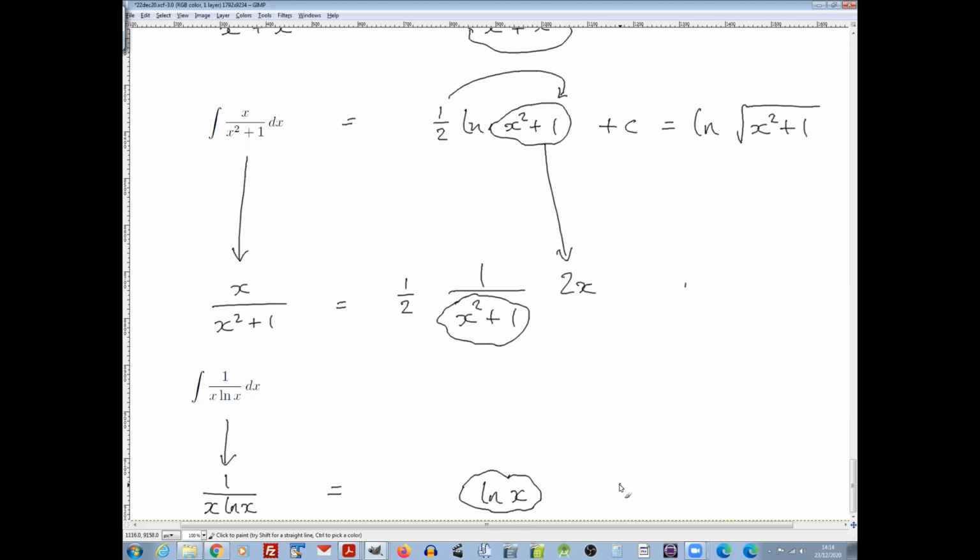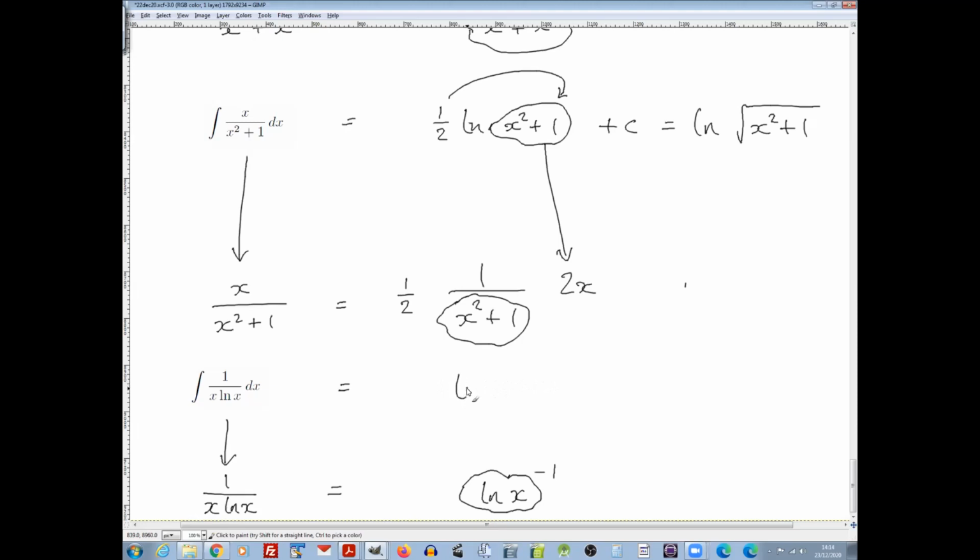What's the outside function though? The outside function is blob to the -1. Yes, good. Nothing to do with the x then, because maybe you've guessed how the x is going to be dealt with. So up here, what have we got?